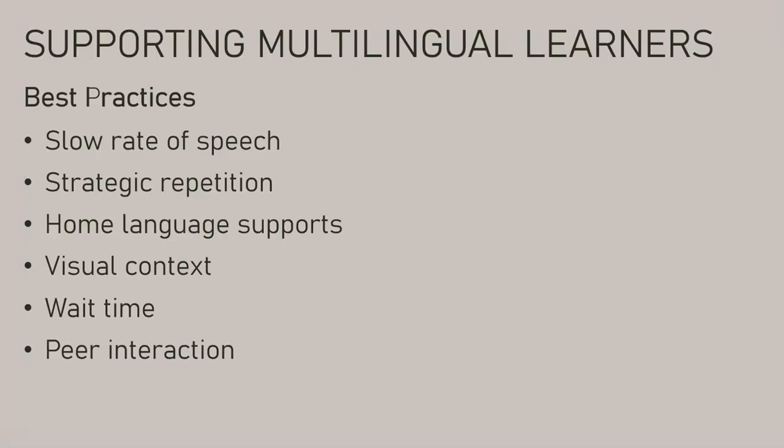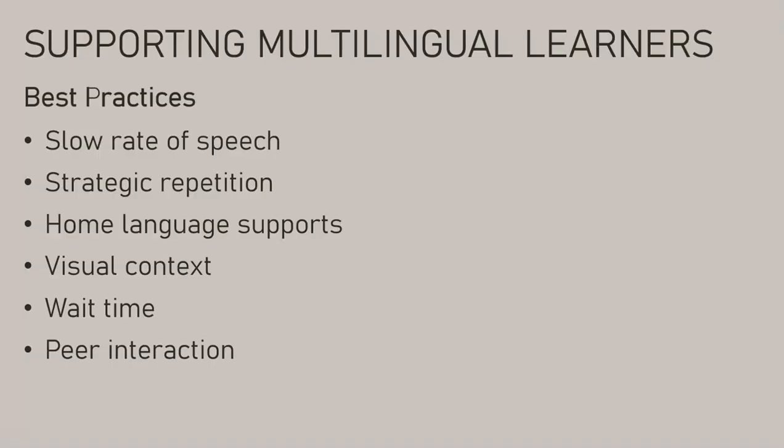Best practices for multilingual learners are often simply best practices for all learners. I know that we said that last week. I'm going to keep saying it. Some best practices might look like visuals, repetition, slower pacing, offering wait time, using gestures, having collaborative talk, and of course, having home language support.